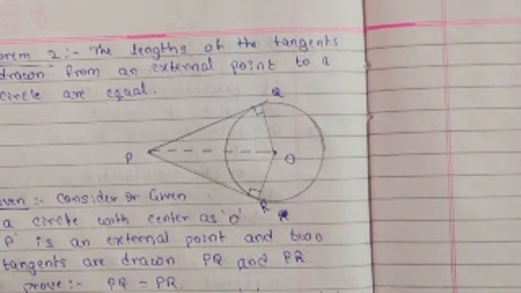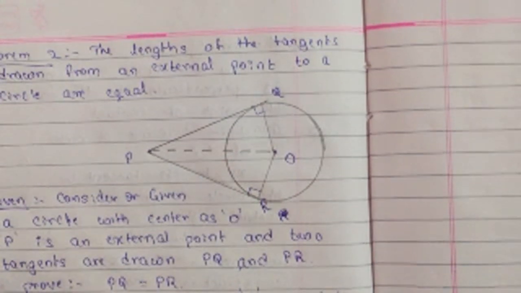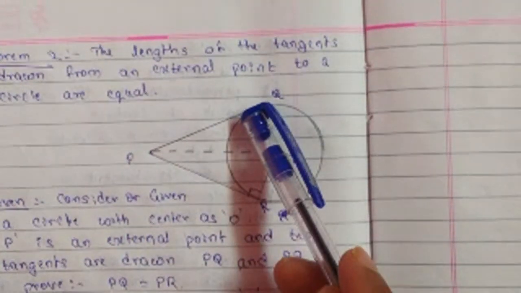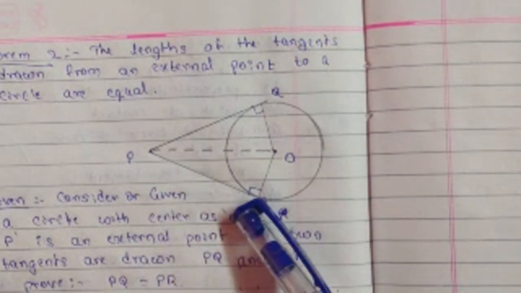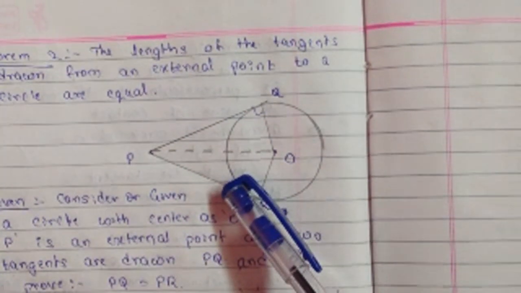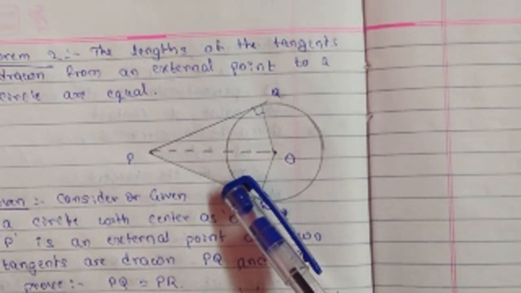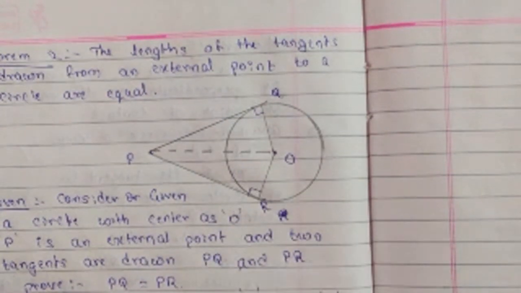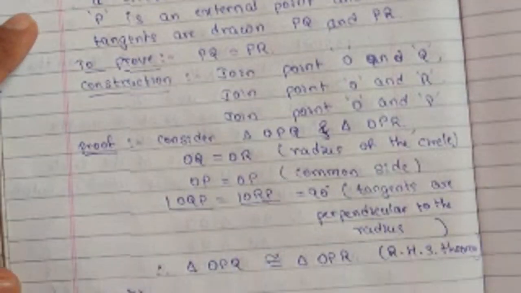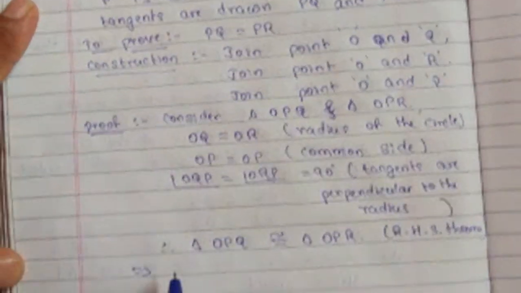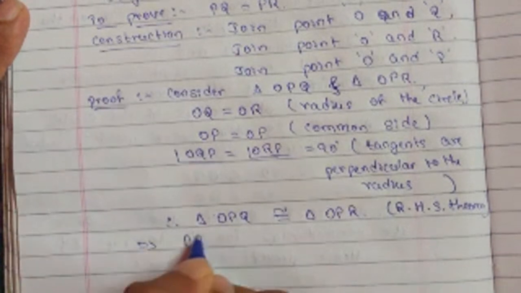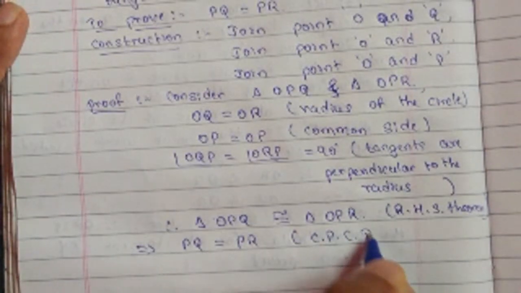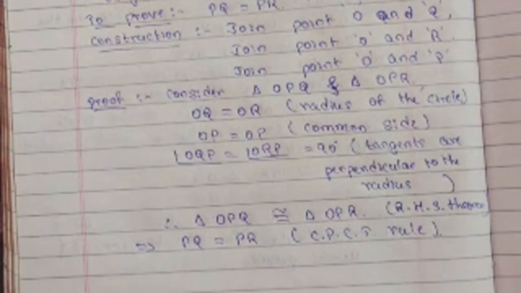So here we proved that triangle OPQ is congruent to triangle OPR. Therefore we can write, this implies PQ equals PR. CPCT rule, corresponding parts of congruent triangles.